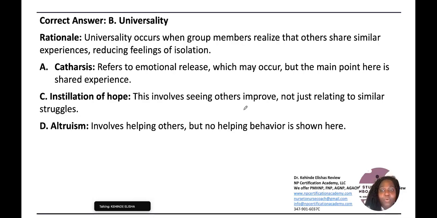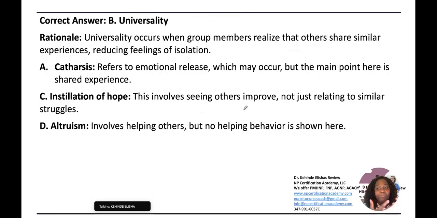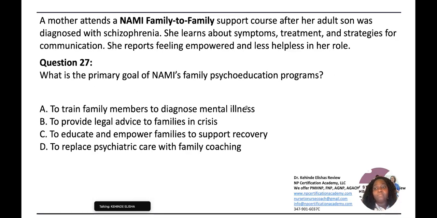C, installation of hope, involves seeing others improve, not just relating to their similar struggles. Altruism involves helping others, but no helping behavior is shown here. So altruism is to pretty much give a part of yourself to somebody else.